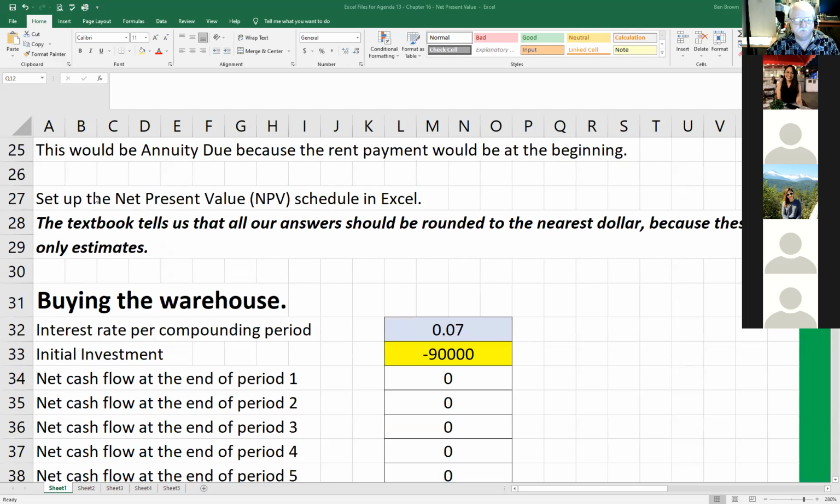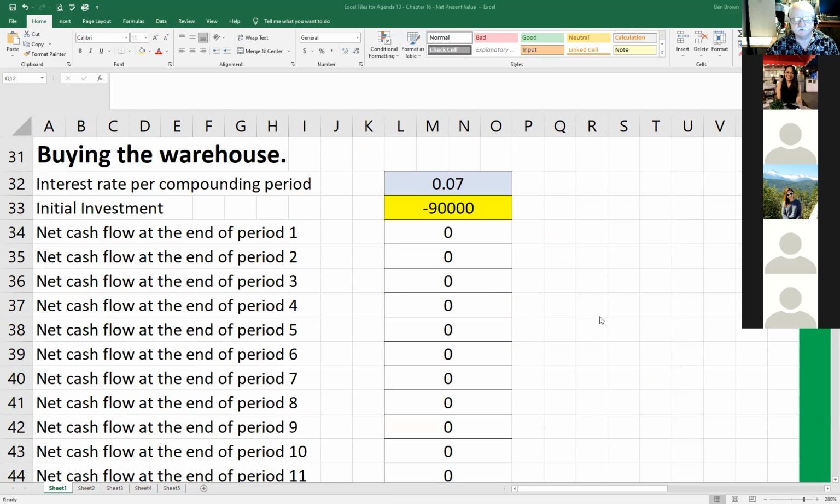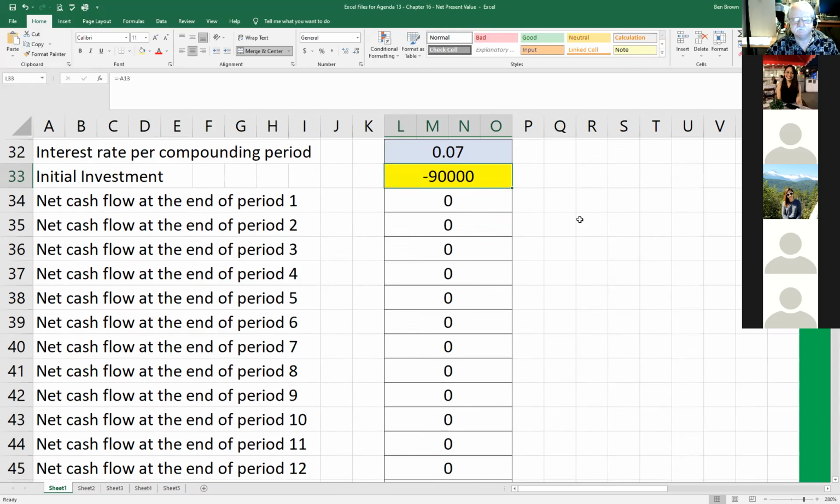We're going to set up what I refer to as the net present value schedule in Excel. So first off, let's look at the concept of buying the warehouse. In the first box here, we're going to put the 7%, which comes out to be 0.07. And then we put the initial investment, the 90,000.